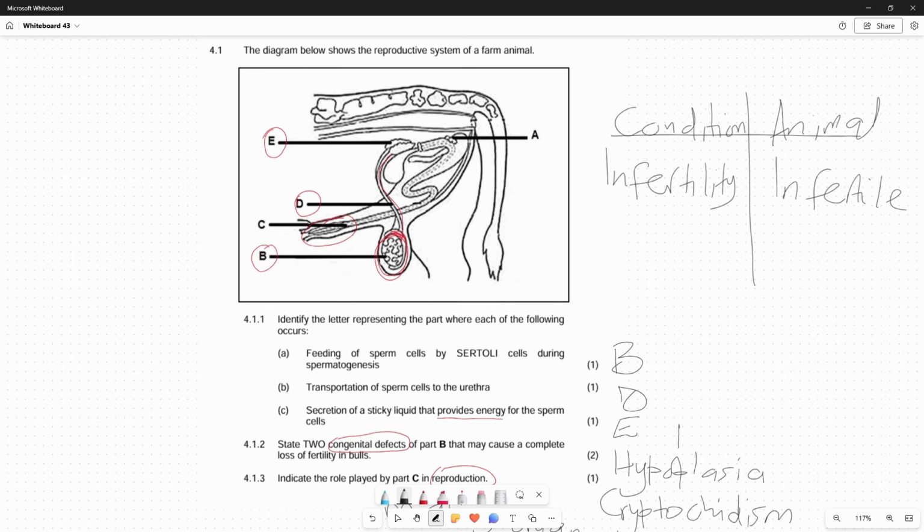Freemartinism, freemartine. So these are some of the aspects you need to pay attention to when you are trying to answer the questions, whether the examiner is looking for the condition or the animal with that particular condition. So that will be the end of our part 1, which is reproductive systems of male and female animals.